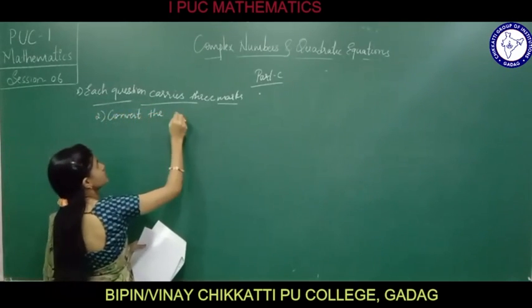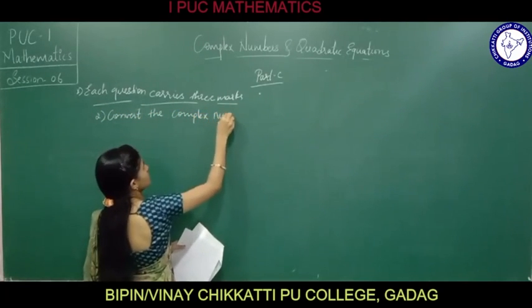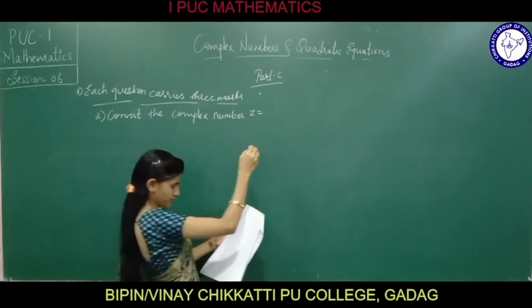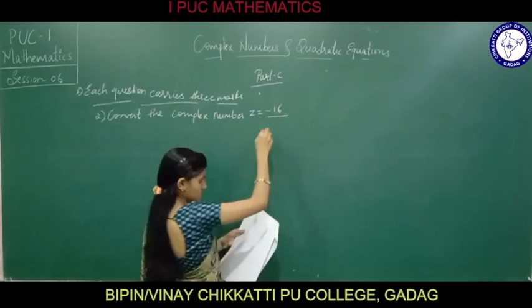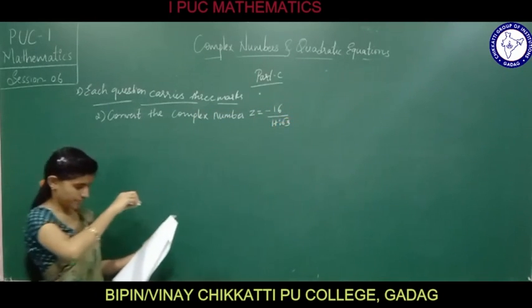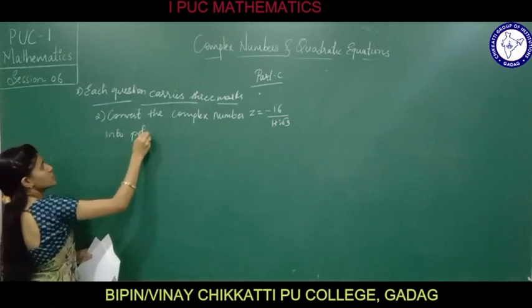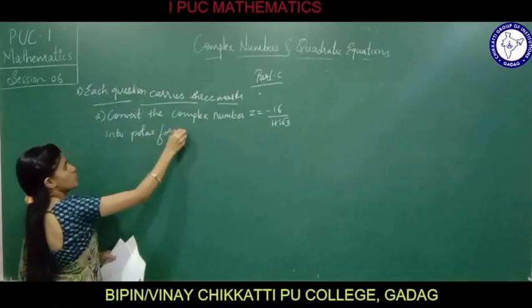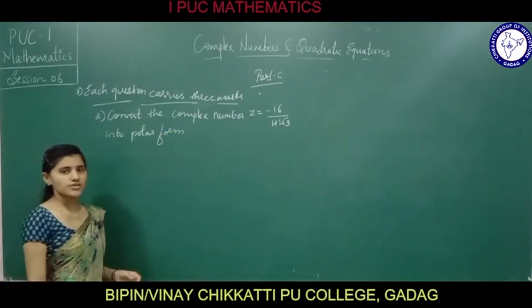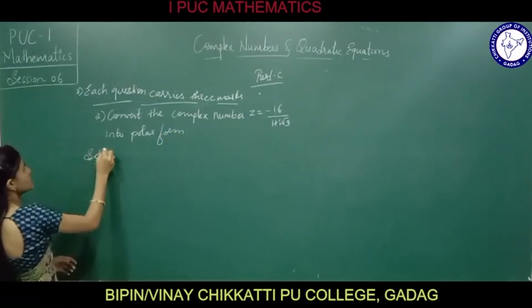Convert the complex number z is equals to minus 16 divided by 1 plus i root 3 into polar form, okay? They have given us a complex number which we are going to convert in polar form. Let us start finding the solution.